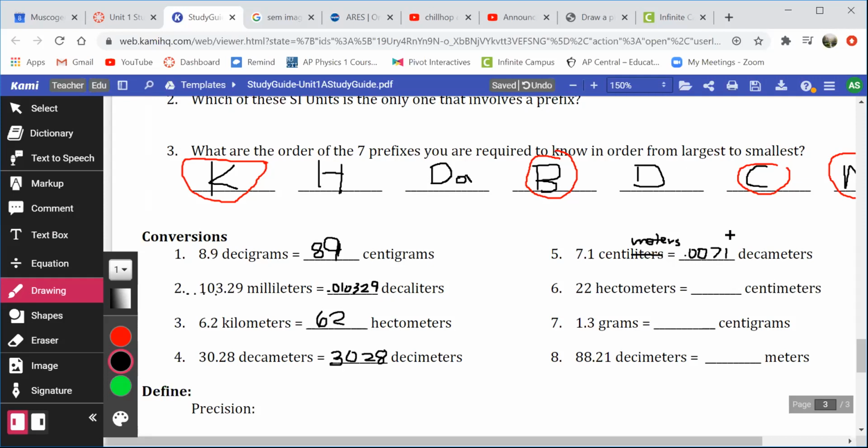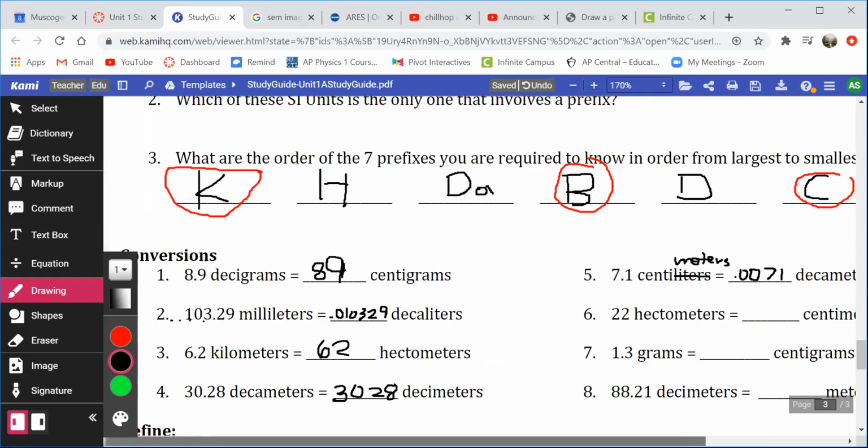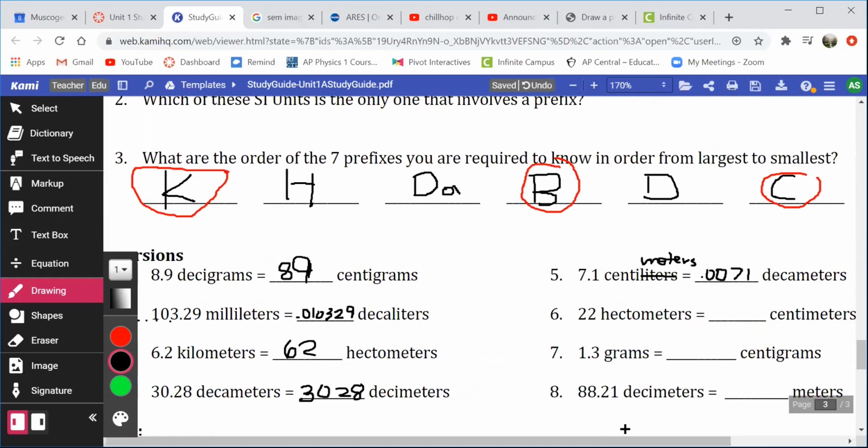Zoom in a little bit for this one. Who's got it? Anybody got this one? It's 220,000. There it goes, 220,000. So we're starting with hecto.